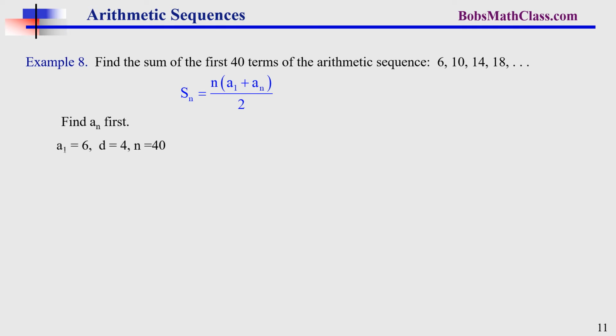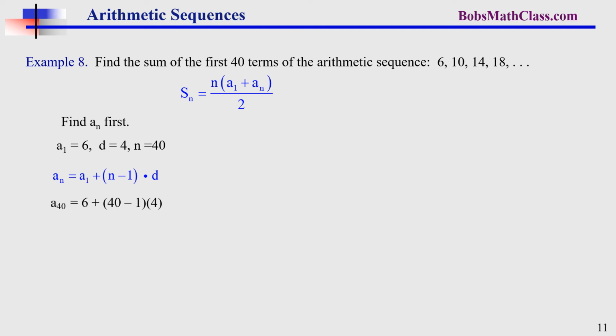We're going to go back and use that first formula. A sub n equals a1 plus n minus 1 times d. So a1 is 6, d is 4, and n is 40. So we're finding the 40th term. And we're using our first formula that we had.